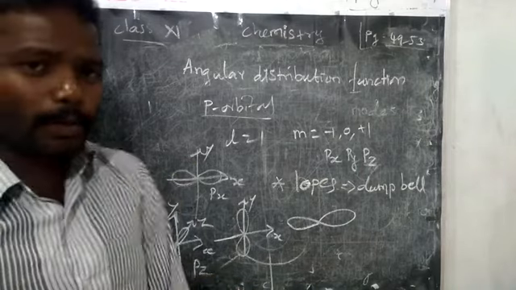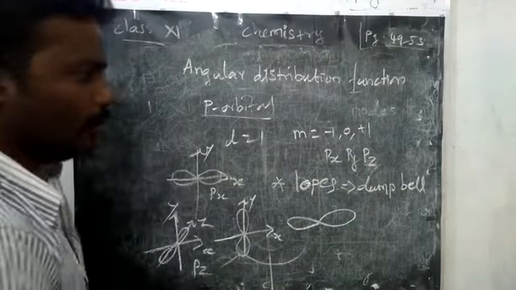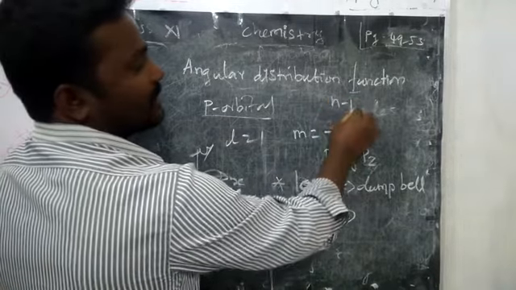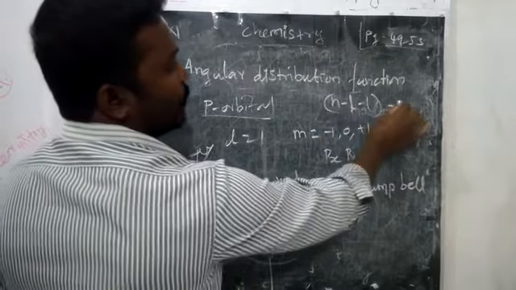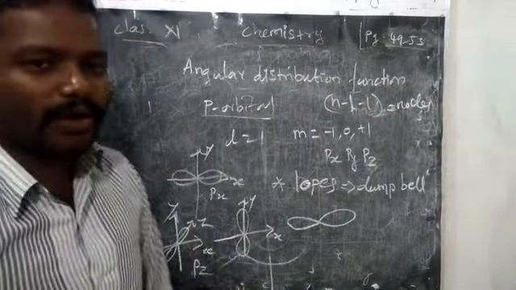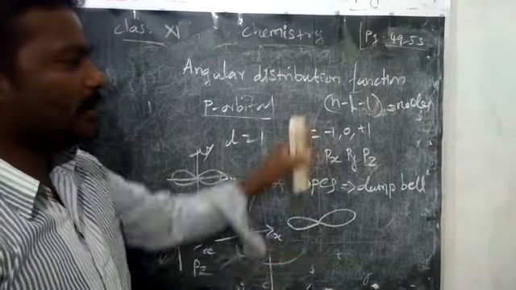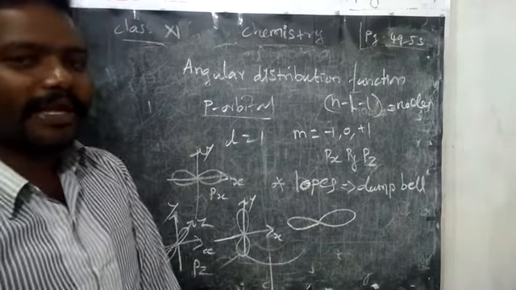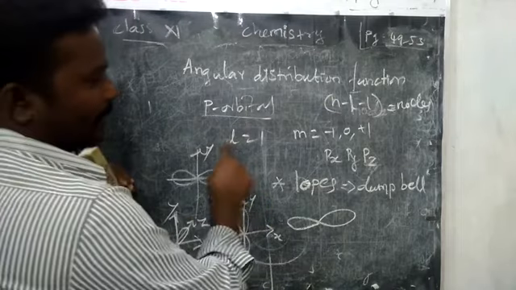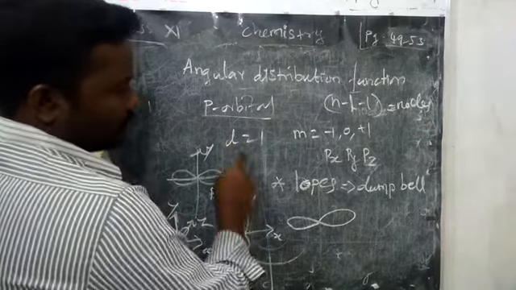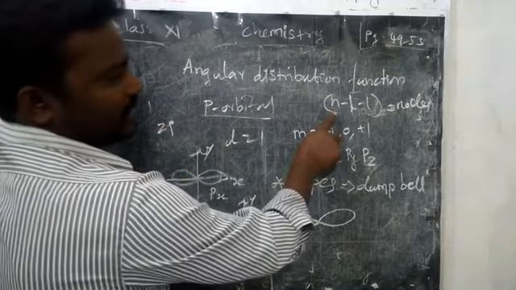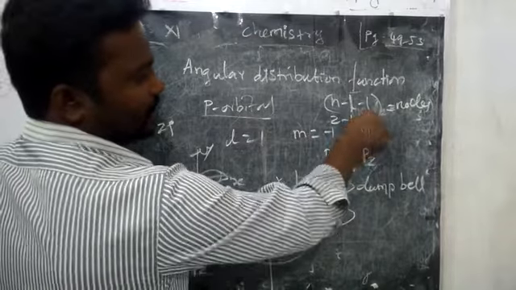Now I will tell about nodes. How do you find the nodes? Actually, here we have to use the n minus l minus 1 formula to find nodes. Listen carefully. For an s orbital it is the n minus 1 formula; for all other orbitals it is the n minus l minus 1 formula, right? So if you use that, what will happen? L is equal to 1, so it is 2p. So 2p means 2 minus 1 minus 1.